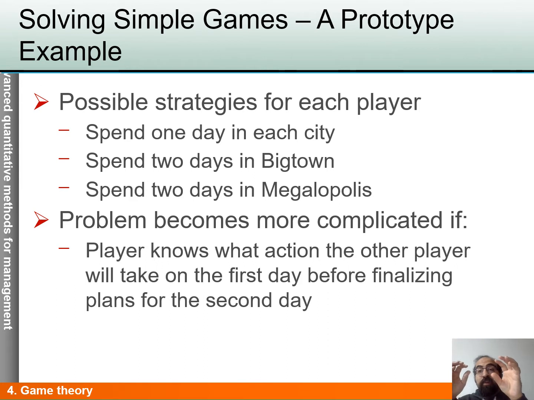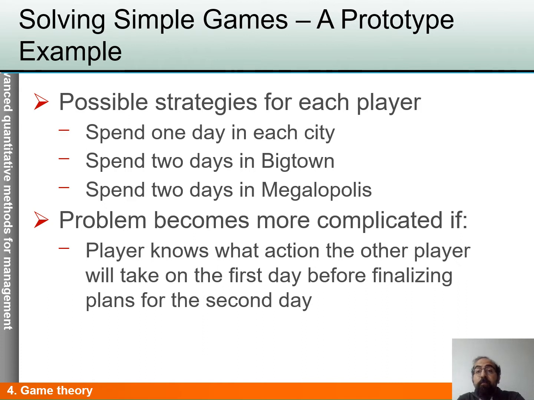If it's a winning of 5 for one player, it is a losing of 5 units for the other. 5 plus minus 5 is 0. For this reason, it is a zero-sum game. One important item, as you saw here, the M that I told you, the number of strategies of player 1 is 3, while the N, the number of strategies of player 2, as well, is equal to 3.